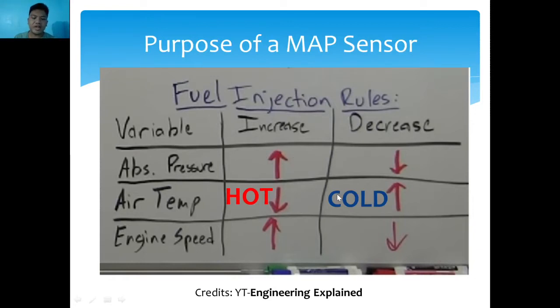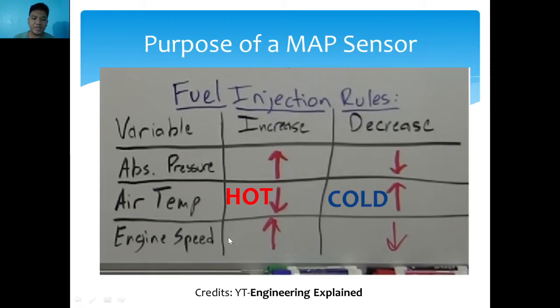And air temperature now. The reason why this is inverted is because, as we all know, hot air is less dense, meaning there is less oxygen that can be mixed with the fuel. So the fuel is decreased. But when the air coming in is cold, which is more compact and has more oxygen, of course you would need to increase the fuel ratio.